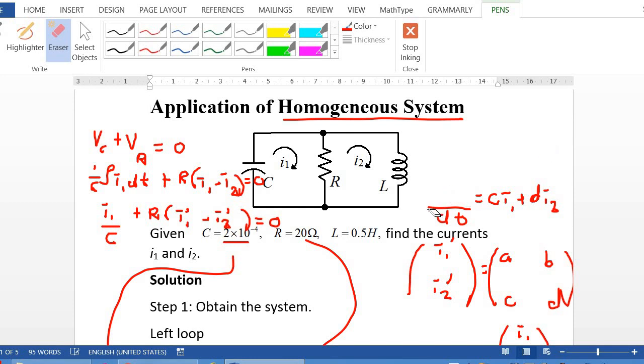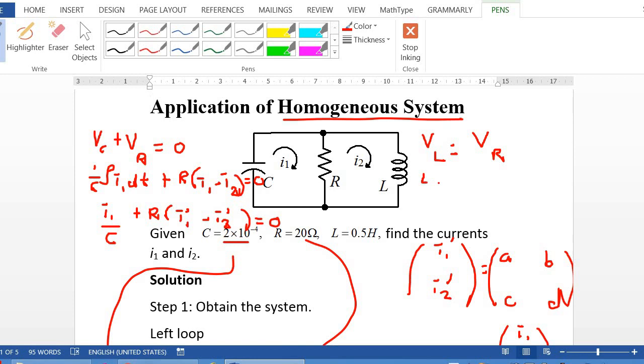Okay, I erase this thing first. Okay, for the right loop, and notice we can have here VL equal to VR. VL we have, and the current passing through the inductor is I2.